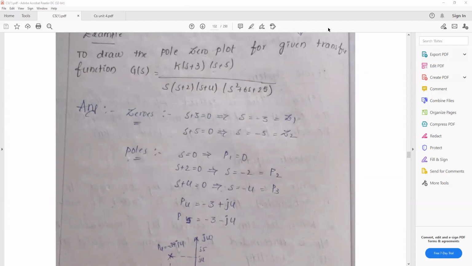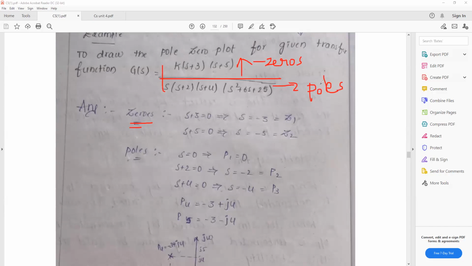To draw the pole zero plot, first calculate the zeros. In the transfer function, the numerator roots are called zeros, and denominator roots are called poles.